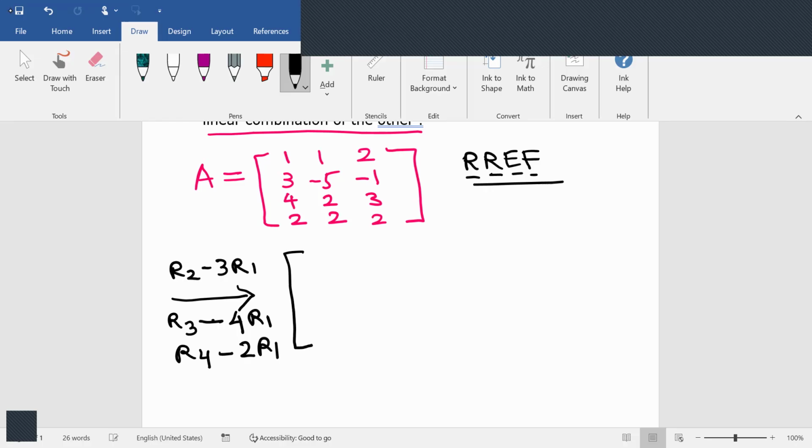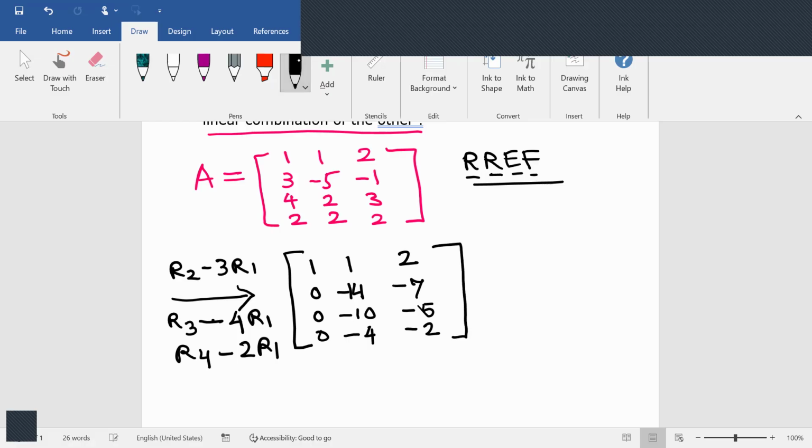Using these, we get 1, 0, 0, 0. Then 1 minus 5, so this will be minus 14. Then this is 2, this is minus 7. Then after that, this will be minus 10, this will be minus 5, so minus 4, minus 2.